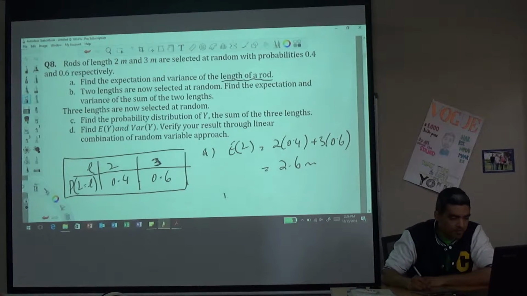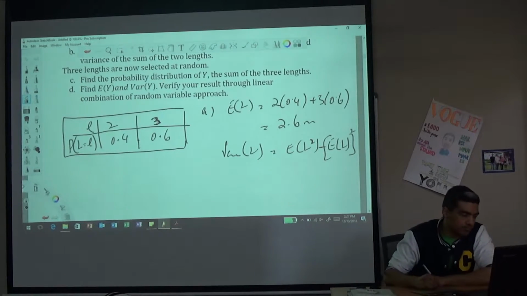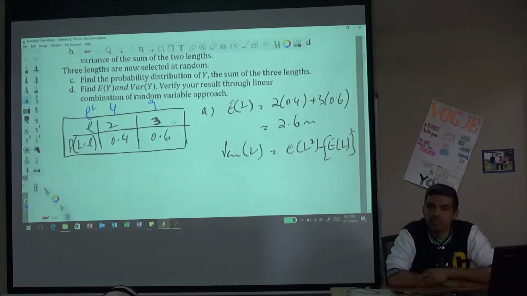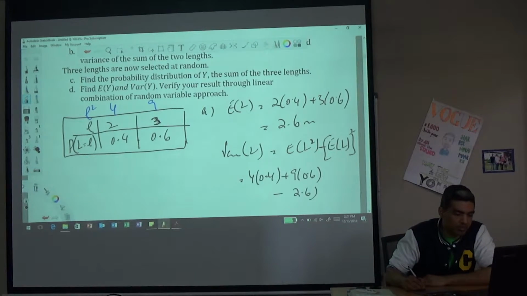And what's the variance? For the variance, we need to find E of L square minus E of L whole square. For E of L square, you need to take the square of the length. The probabilities remain the same. E of L square should be 4 times 0.4 plus 9 times 0.6, minus 2.6 squared.